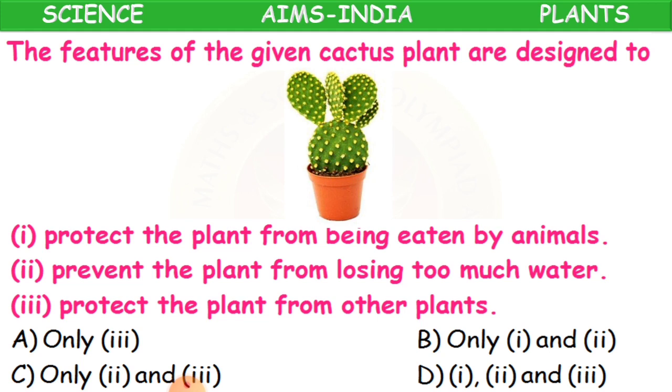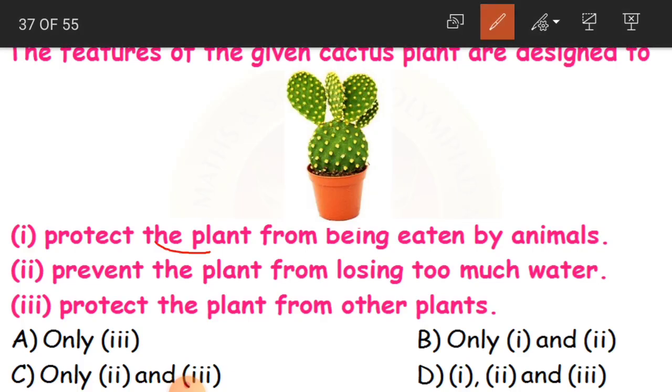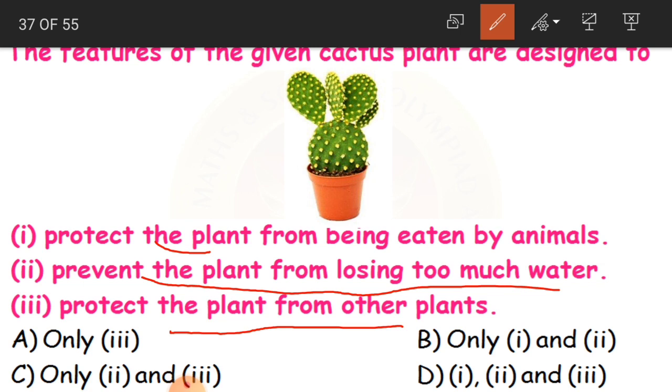To protect the plant from being eaten by animals, to prevent the plant from losing too much water, and to protect the plant from other plants. So what are the features here, children? They have got all spines, thorny, cactus we call it. See here, we cannot touch it. So why is this feature for this plant?